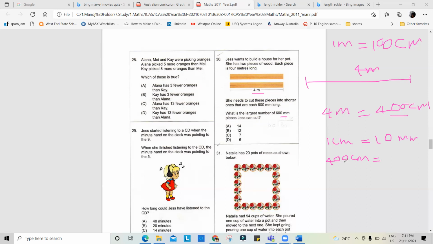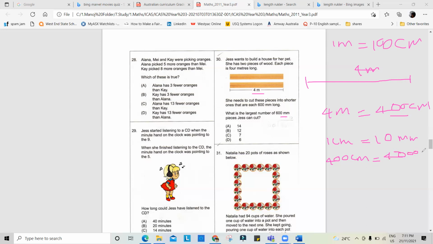If you want to find the 400, how much will it be? How many millimeters? 400 multiplied by 10. How much? 4,000, right? Is that correct?